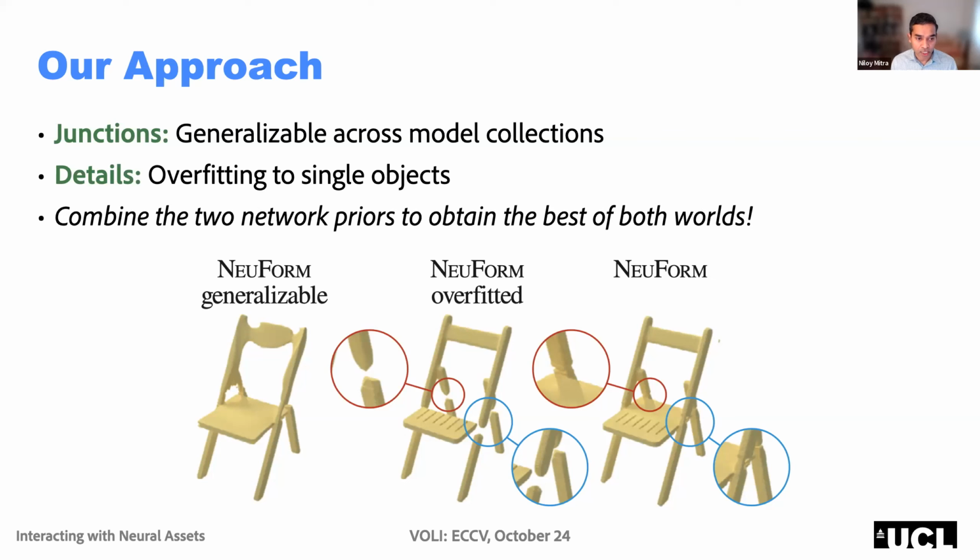So this is at the joint location. So that gives us an inroad to how to attack the problem, that we would like to get the joints from the generalizable one and the details from the overfitted one. But the main challenge now is how do we have two networks work separately and be able to combine them? And as we'll find out, this would be in the network architecture.